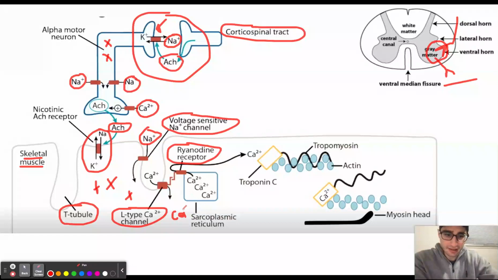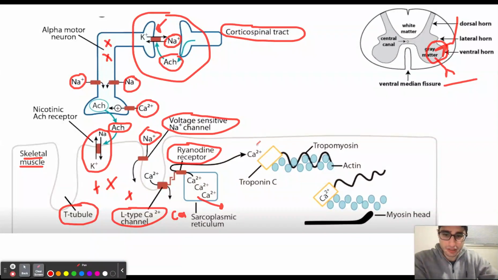So it is not the direct calcium release, but this mechanical interaction between the L-type calcium channel and ryanodine receptor, which is going to lead to the efflux of calcium from the sarcoplasmic reticulum. So the L-type calcium channel and the ryanodine receptor mechanically interact, and this is going to lead to release of calcium from the sarcoplasmic reticulum.